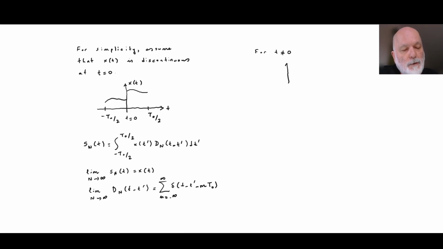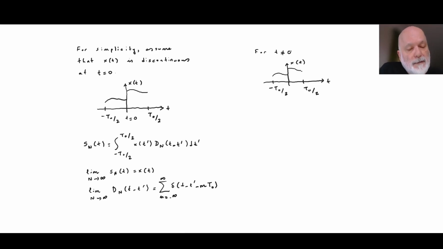Now this is our signal x of t, which is discontinuous at t equal to t0, but continuous and very smooth otherwise. So we have this behavior, okay, like this.